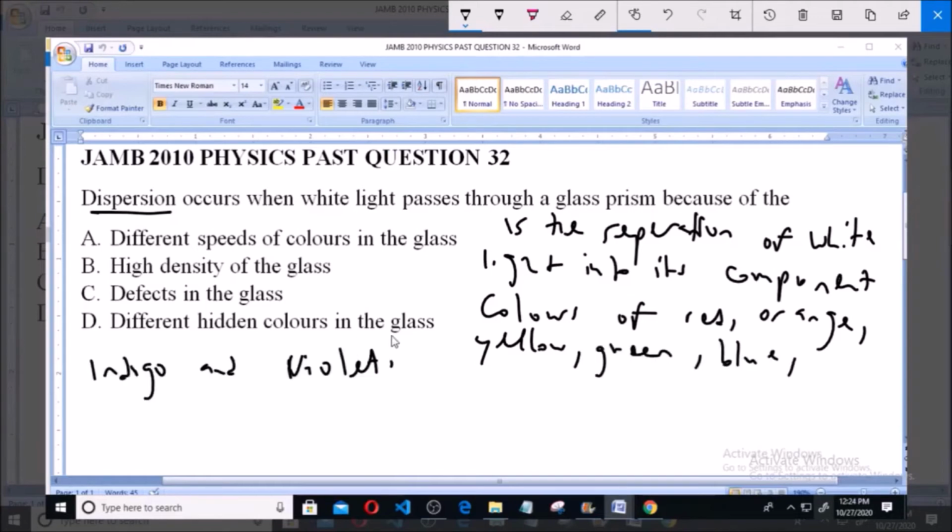So dispersion is when white light is separated into its component colors of red, orange, yellow, green, blue, indigo, and violet.